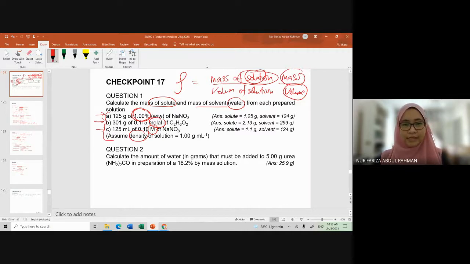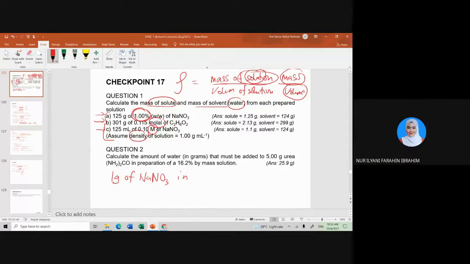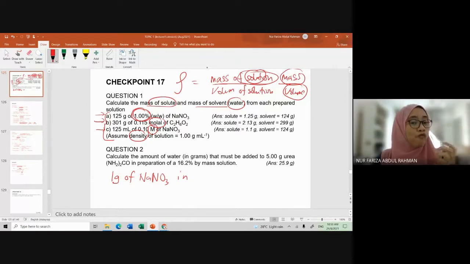So here, 1% weight per weight of sodium nitrate means, if we convert into gram, there is 1 gram, 1% right, 1 gram of solute. In this case, the solute is sodium nitrate. 1 gram of sodium nitrate in how much, guys? 100 gram of what?